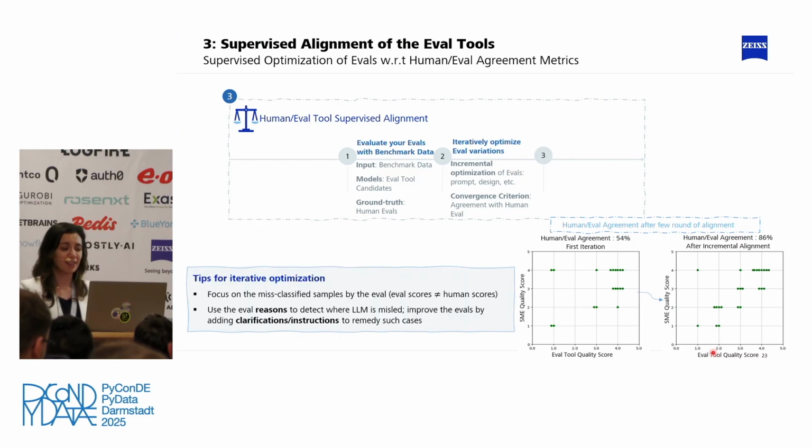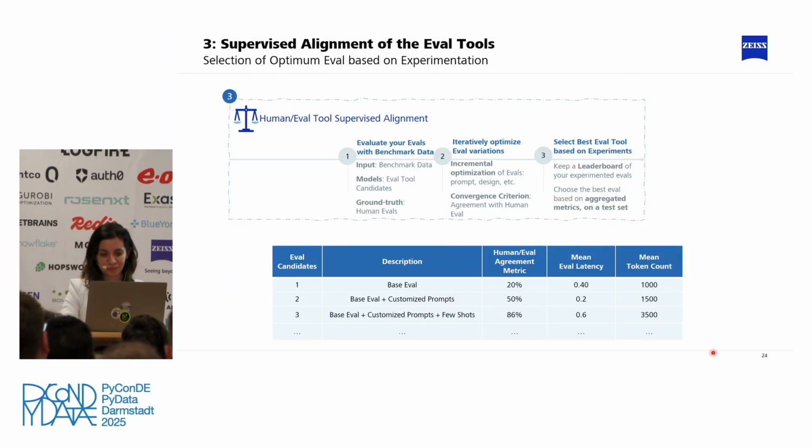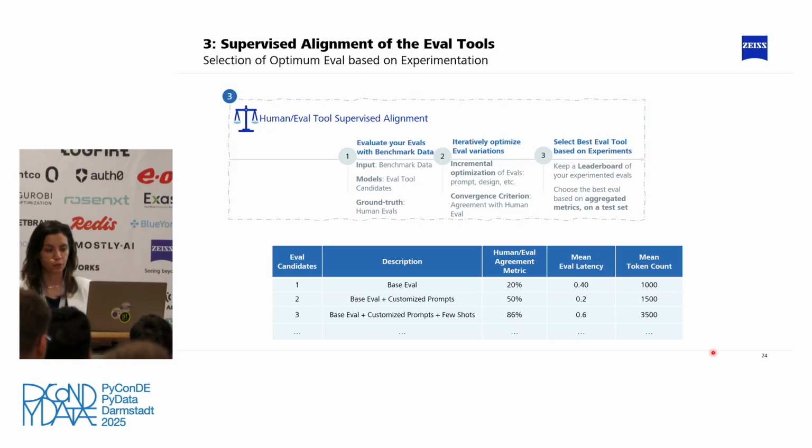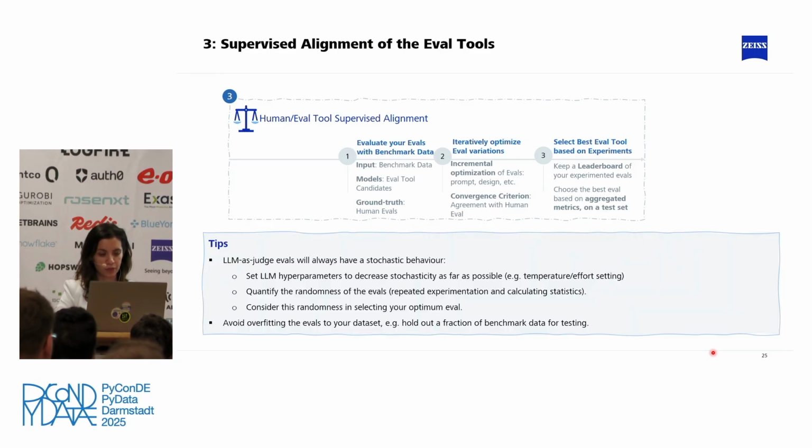Some tips again: do remember to use the reasons of the eval tools for debugging and optimizing them. Based on your benchmark dataset, you have these evaluations. You can also have a leaderboard for your eval tools, and thereby select the best performing eval tool out of this process.